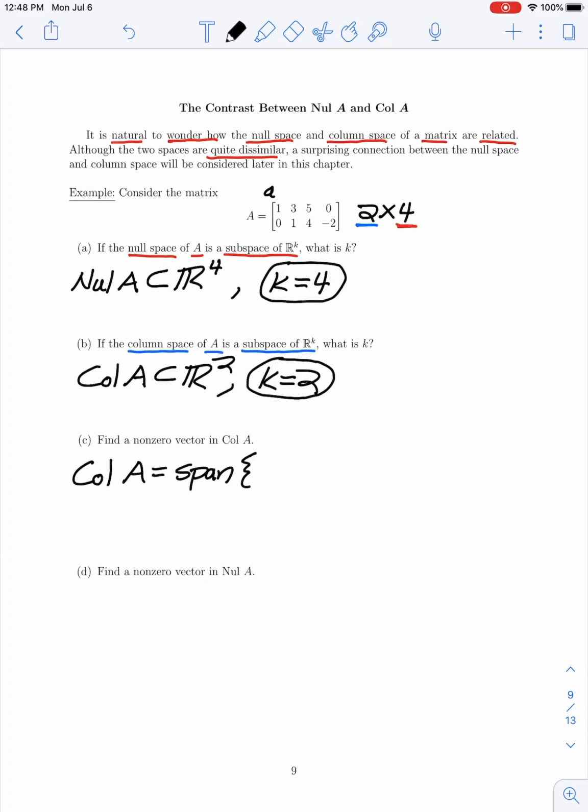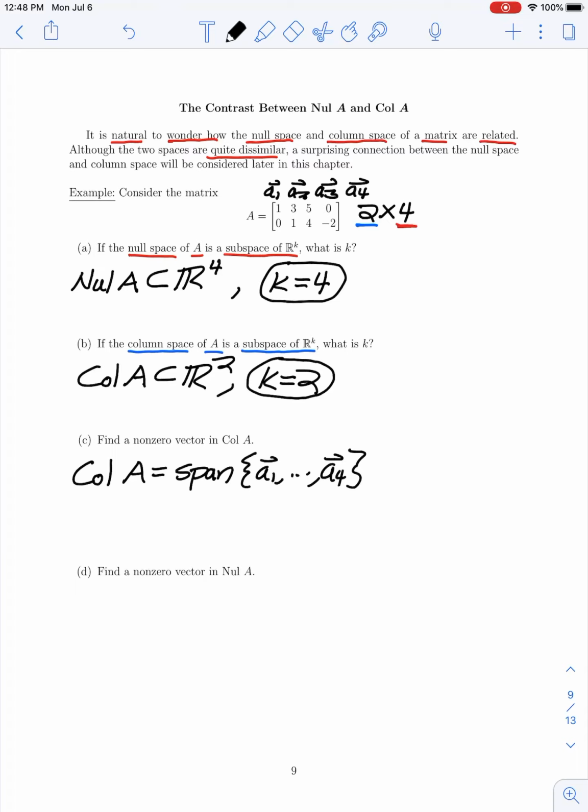If we look back at our matrix A, we could call these column vectors A1, A2, A3, and A4. So column space of A is the span of A1 through A4, which is the set of all linear combinations of those 4 vectors.